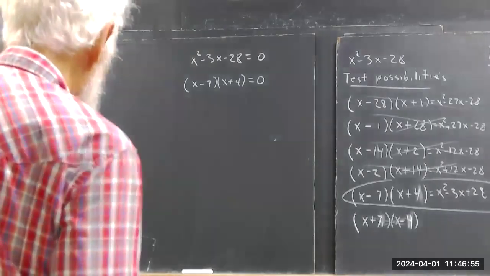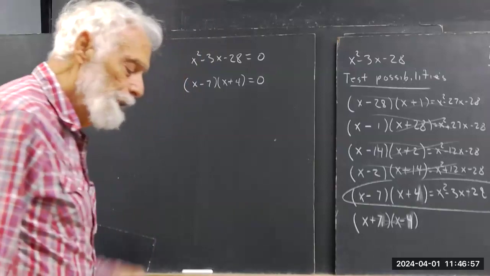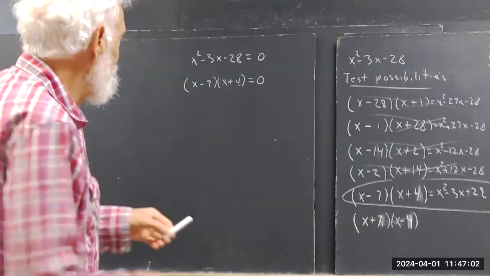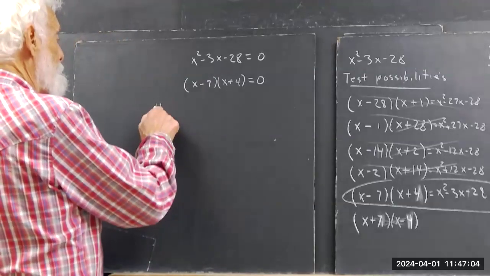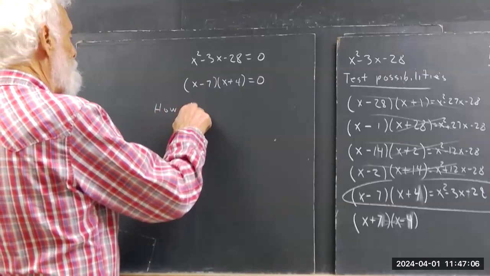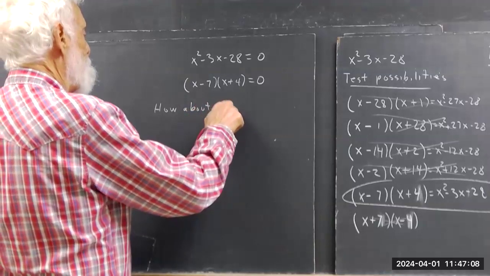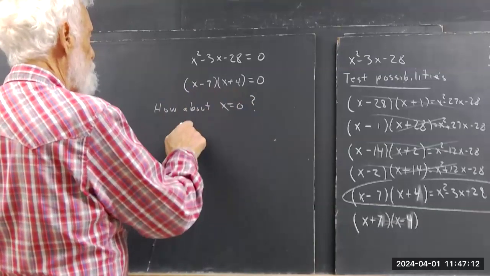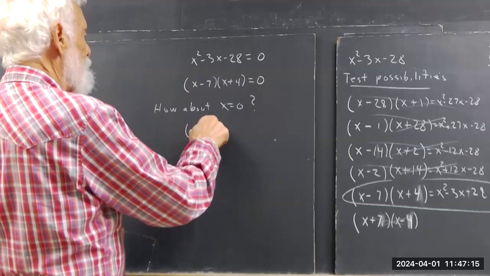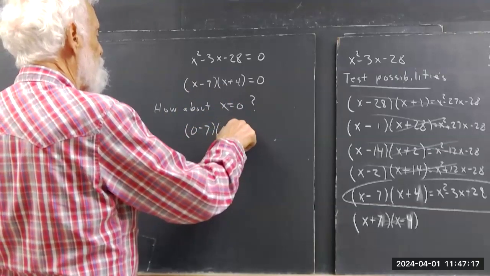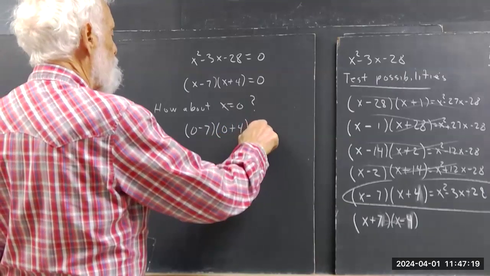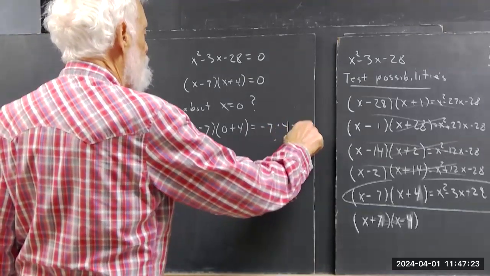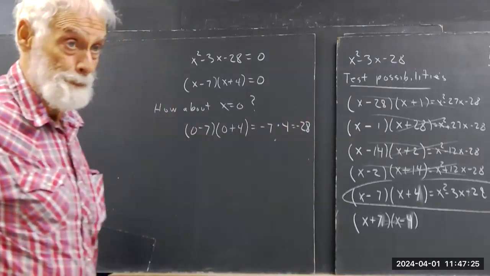The first thing I got was 0, and it's not totally unreasonable, but if you check it out, you find that it doesn't work. If x is 0, we plug 0 in, we get 0 minus 7 times 0 plus 4, which equals negative 7 times 4, which is negative 28, so we don't get 0.